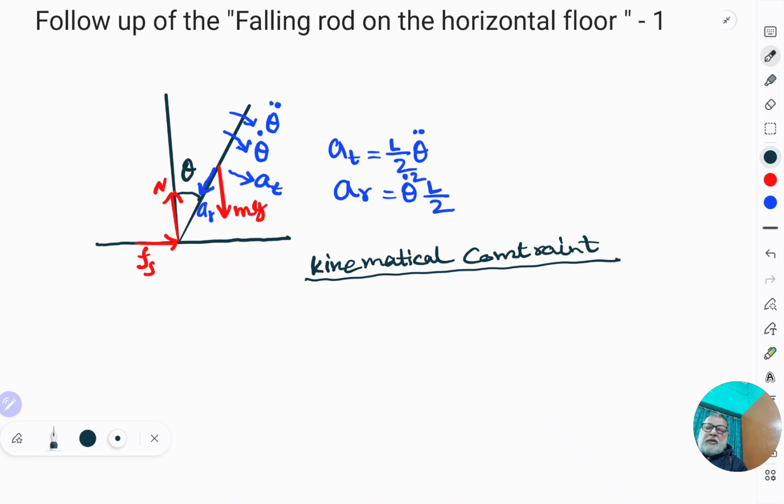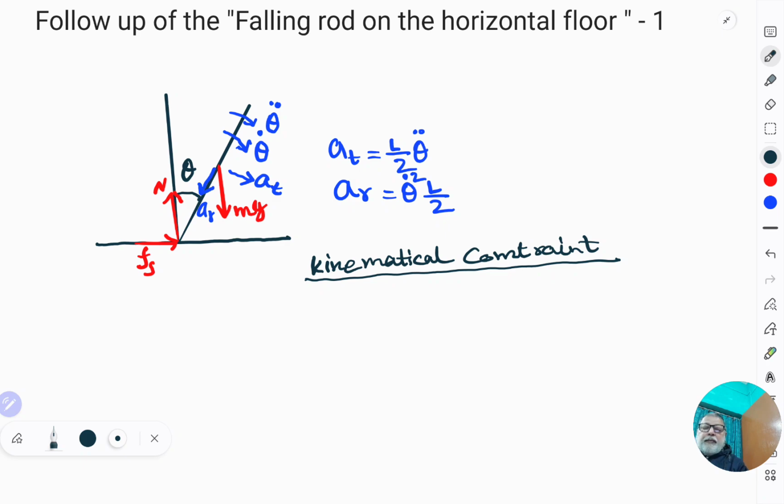So there must be a horizontal external force coming into play due to this kinematical constraint of horizontal acceleration of the center of mass. This is how we explain the appearance of the horizontal friction.